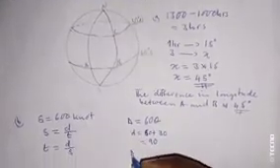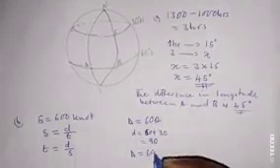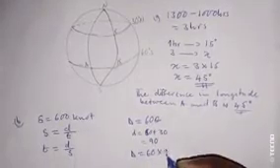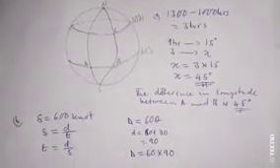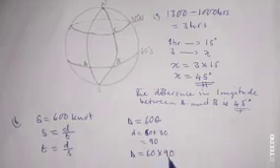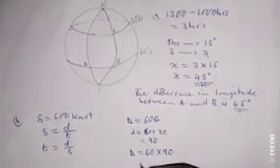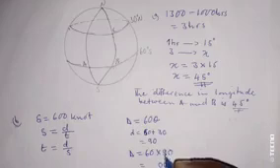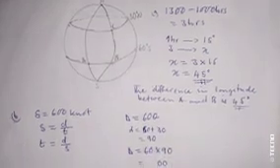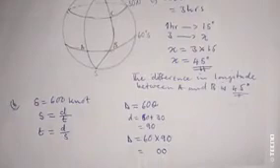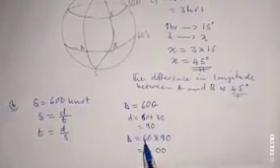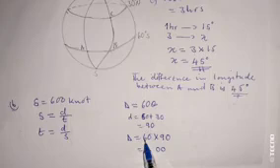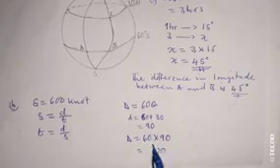So distance is equal to 60 times 90. We can multiply 6 times 9 and add the two zeros. 9 times 6, what's the answer? It's 54.